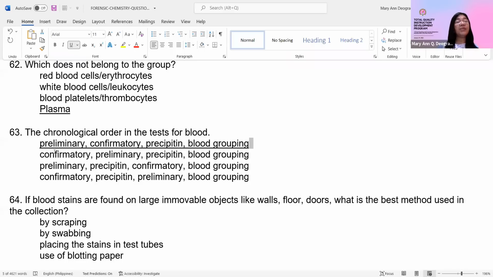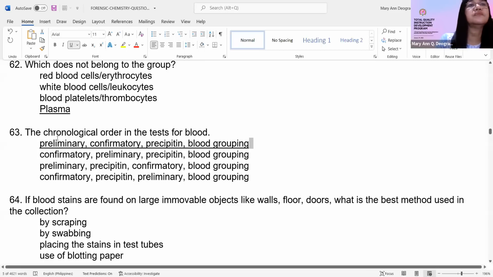Kaya nga preliminary, meaning first stage. And then, nag-positive yung blood sa preliminary. Ano next? Iko-confirm mo yan. So, pag na-confirm mo na yan, saka mo palang malalaman, if it is human or animal blood, so this is the precipitin. Tapos kung human blood yan, what is the blood group? So, yan yung pinaka chronological order.